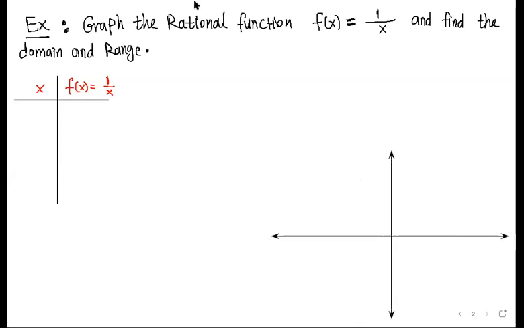So let me pick the numbers like -2, -1, -1/2, 0, 1/2, 1, and 2, to make it closer to each other. So I'm going to complete the table.